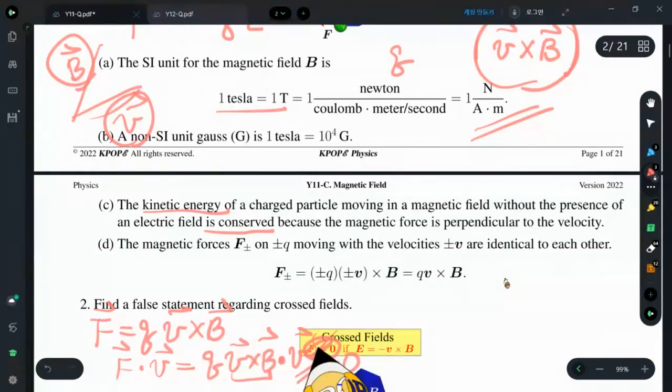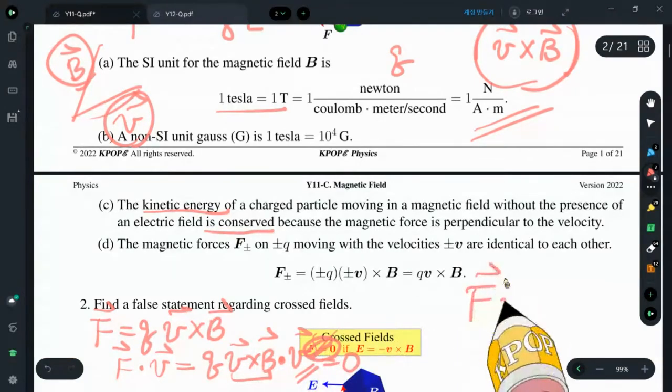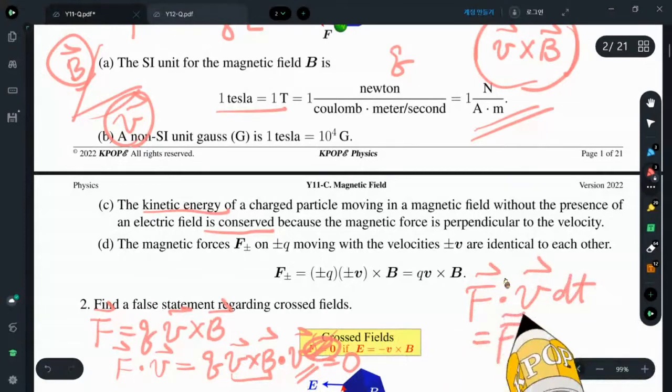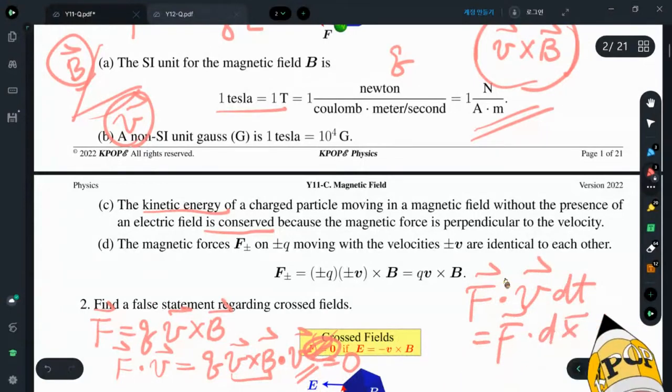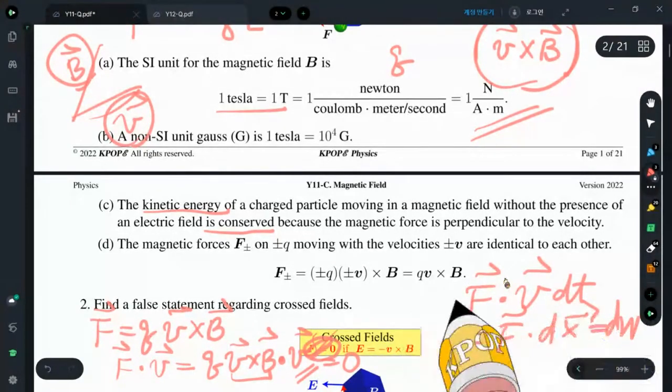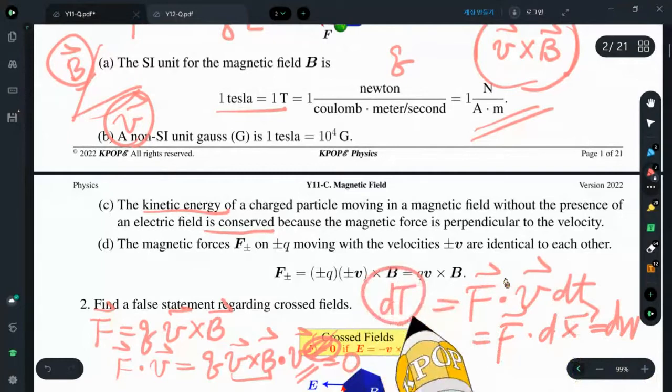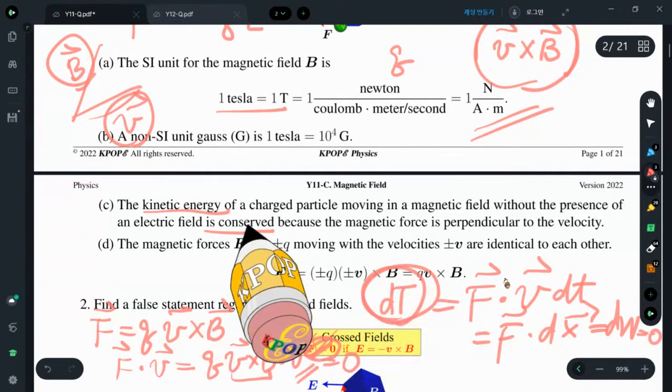F dot V equals 0. F dot V dt equals F dot dx. What's that? That is the dW. Work is 0. And the work kinetic energy theorem says that this is the change in kinetic energy. Because it is 0, kinetic energy is invariant.